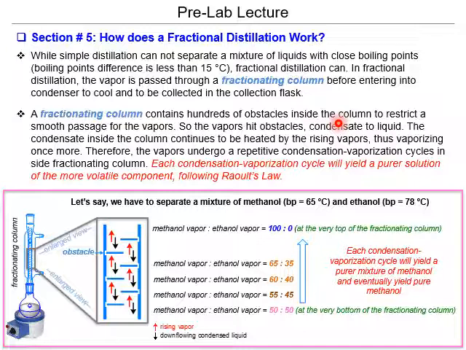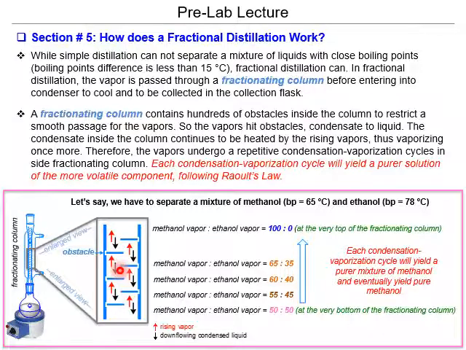In fractional distillation, the vapor is passed through a fractional column before entering the condenser to cool and be collected in the collection flask. A fractional column contains hundreds of obstacles inside the column to restrict a small passage for the vapor. The vapor hits the obstacles and condenses to liquid.